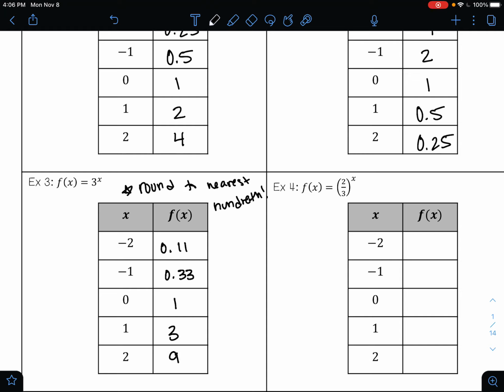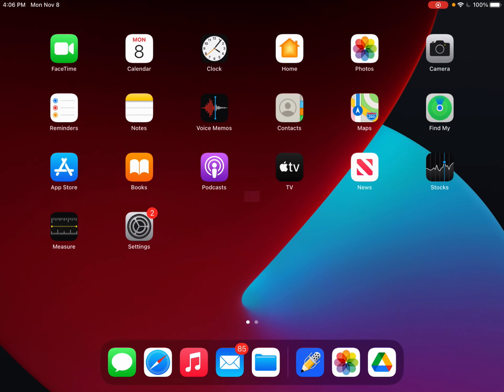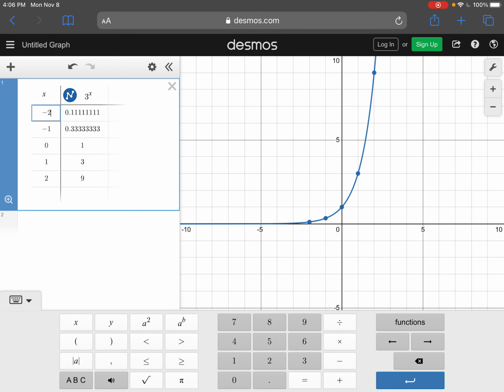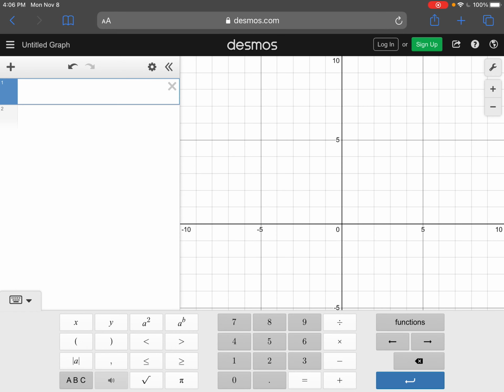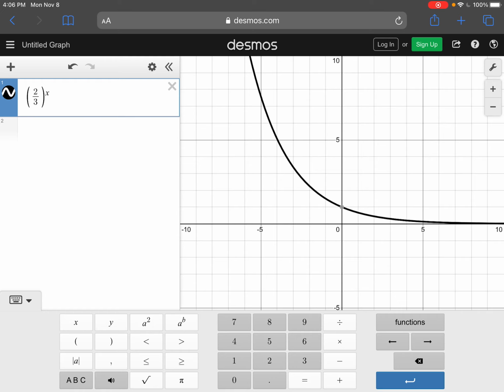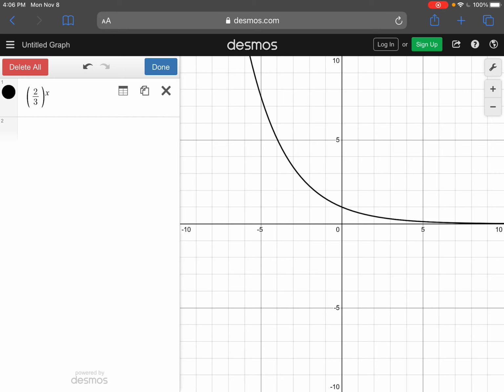And then let's go ahead and try example 4. Same thing, we're going to round to the nearest hundredth. So on example 4, I'm going to have 2 divided by 3 raised to the power of x. I'm going to click the settings gear. I'm going to click on the table.